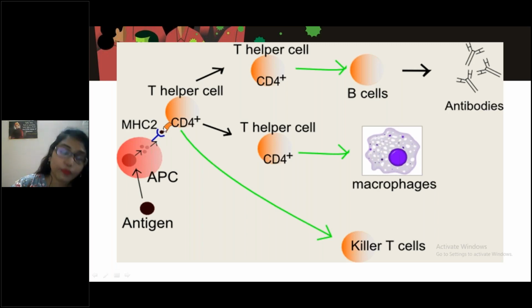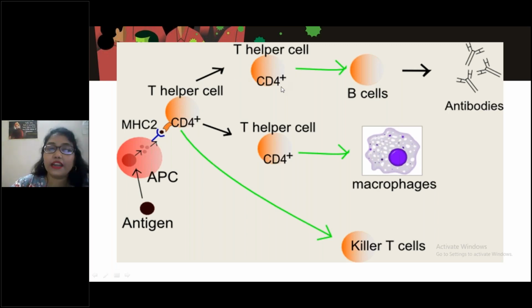I hope you remember the major histocompatibility complex. Through MHC2 it will present to the T helper cell, that is the CD4 cell, and only then will the CD4 cell come to know that a foreign material has arrived. And once it knows that, the T helper cell plays a major role in our immunity.